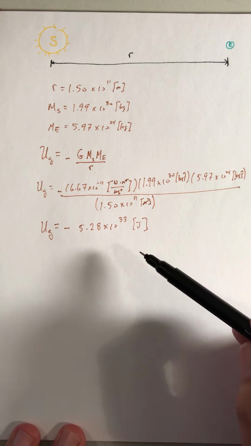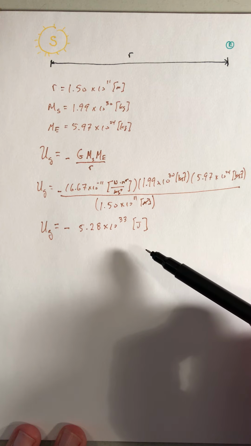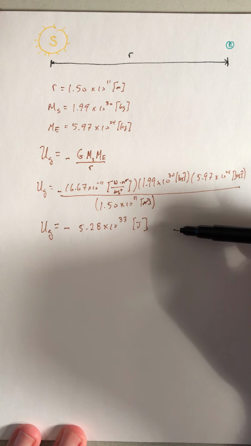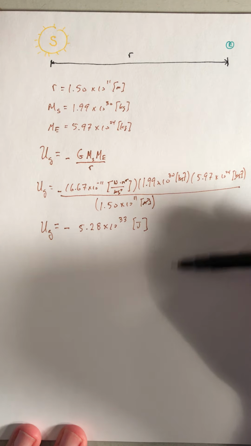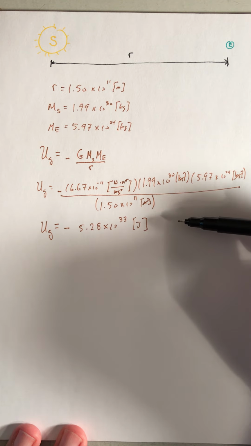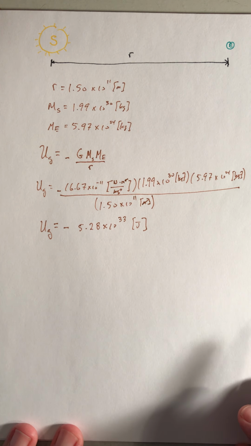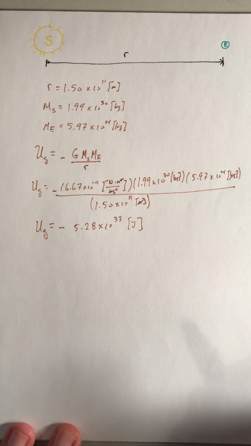If we wanted Earth to be free from the sun's gravitational interaction, we'd have to pay an energy penalty of providing like 5.28 times 10 to the 33 joules to raise the energy of Earth to the level of 0. So it was free to move about and no longer bound by the force of the sun's gravity.